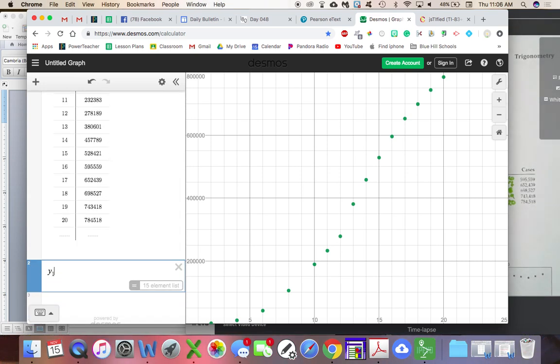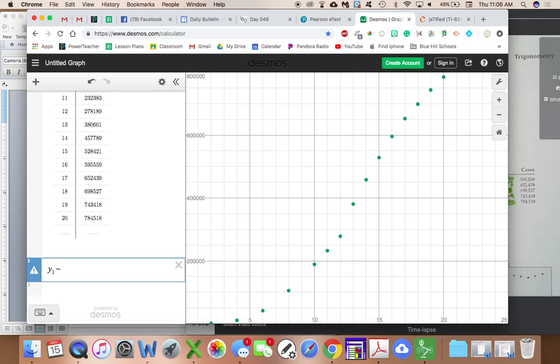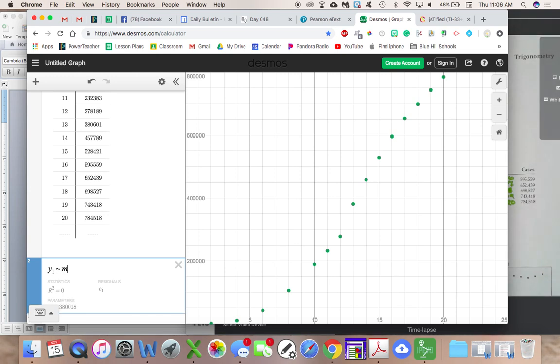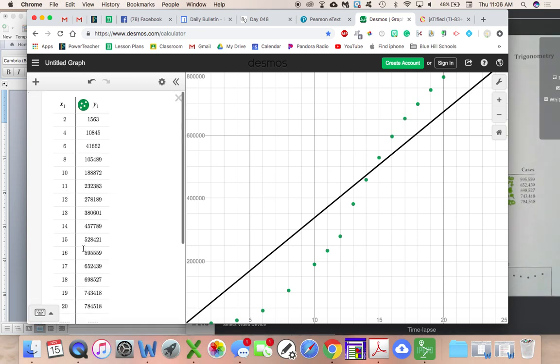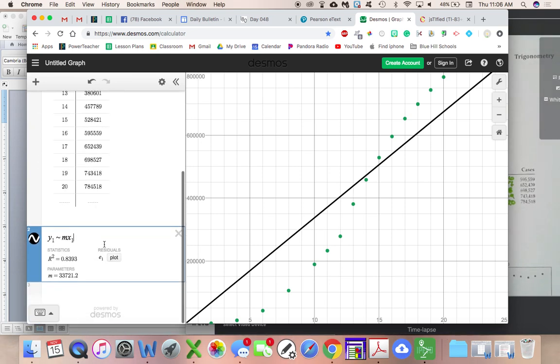It will automatically insert the subscript in there. And don't put equal signs. You want to put this little tilde symbol, which is shift and the key that's right next to 1 on your keyboard. You want y1 is approximately, and let's do mx, but if we call it x, it's not going to know what I mean. That column is called x1, and let's do plus b.